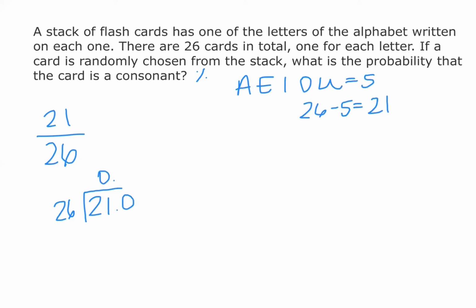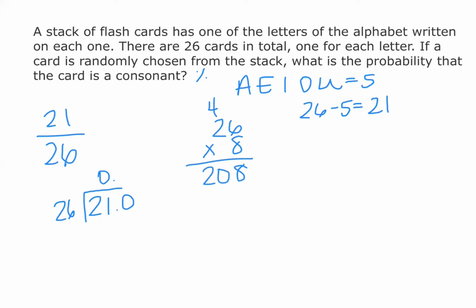And 25 times 4 is 100, so 25 times 8 is 200. So this is going to be like 26 times 8. 8 times 6 is 48, carry the 4. 8 times 2 is 16 plus 4, 20. So 208. I'm going to subtract and I get 2.